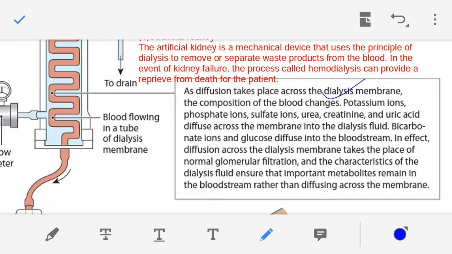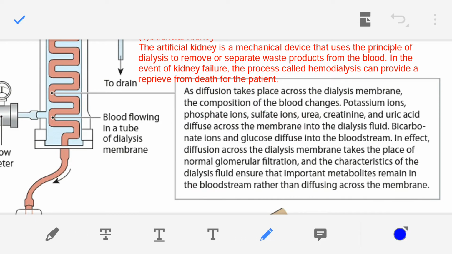It is a semi-permeable membrane, and in this membrane pores are present. Due to this diffusion, the composition of the blood changes. We can understand a few molecules are leaving the blood, and new molecules or ions are entering the blood. So which materials leave the blood?